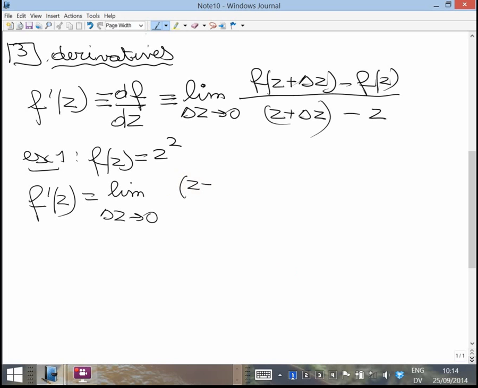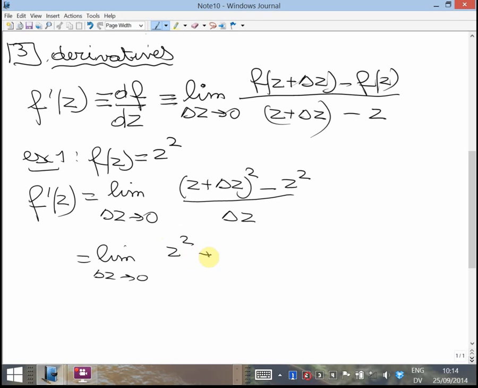That would then be z plus delta z squared minus z squared, divided by delta z. And that, of course, is the limit of delta z going towards 0 of z squared plus 2z delta z plus delta z squared minus z squared, divided by delta z.